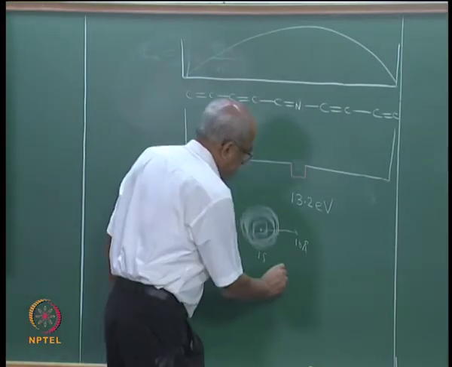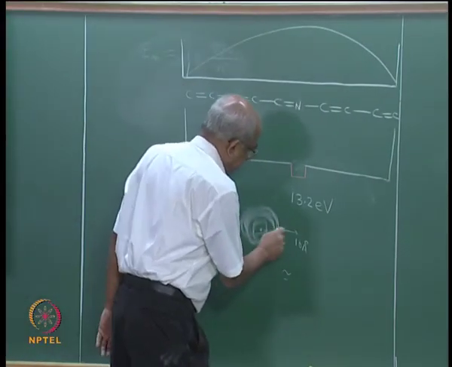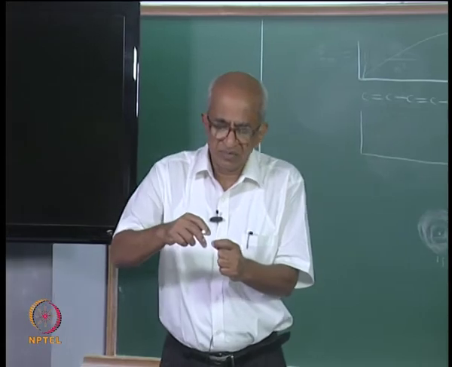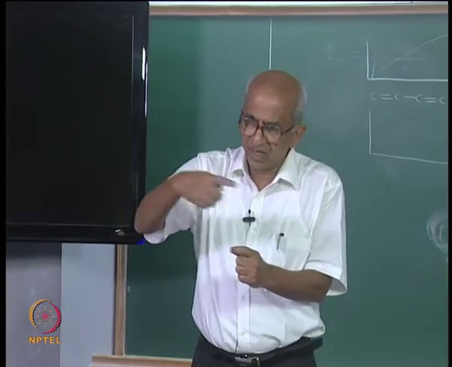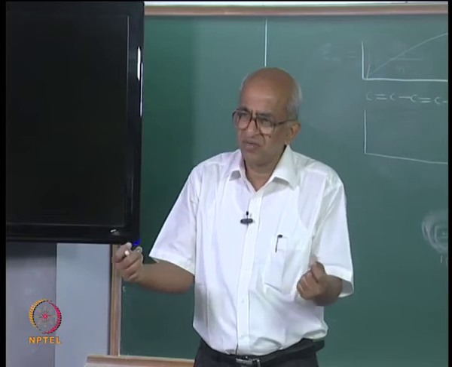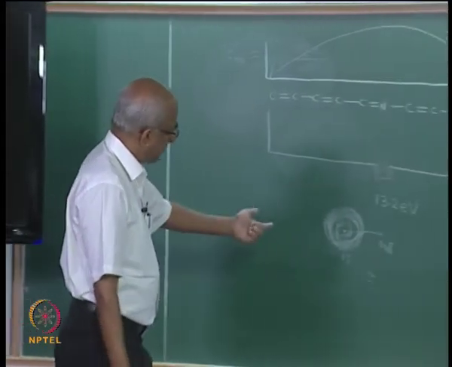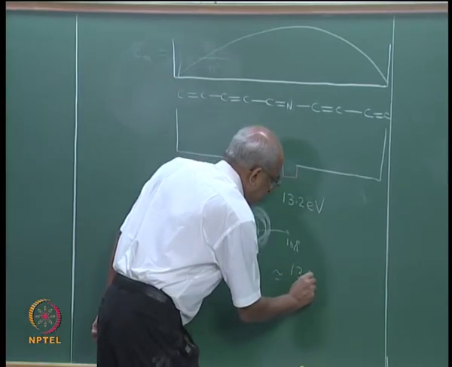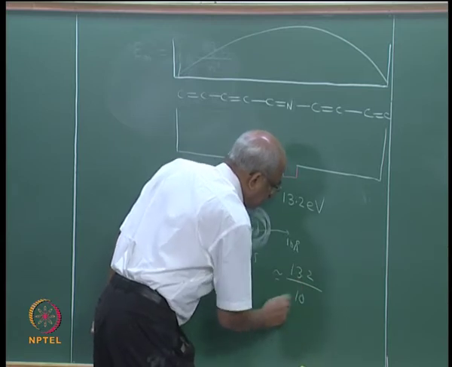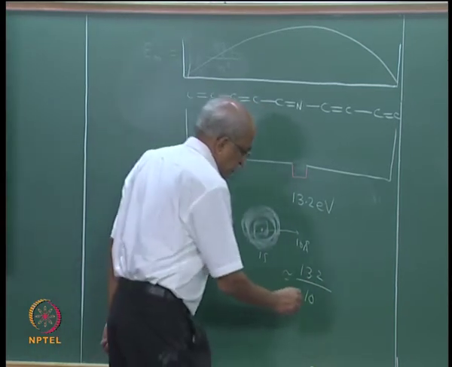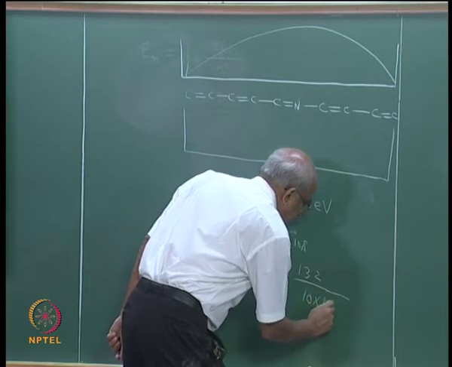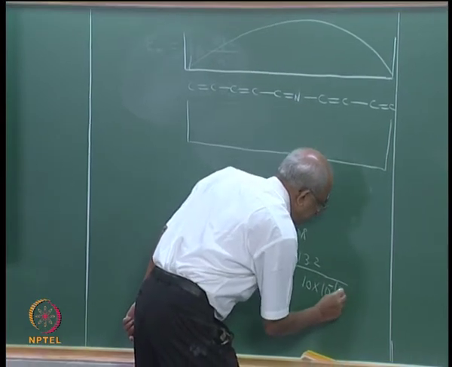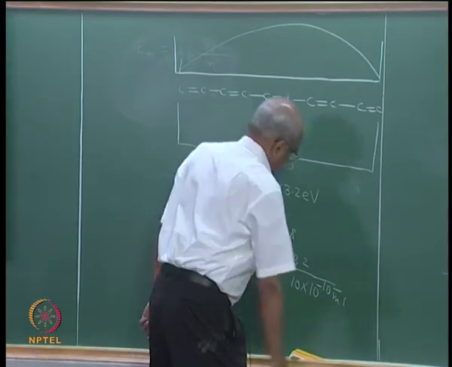This means that approximately speaking, you have an electric field that the electron is experiencing. You see, the proton is charged, and therefore anything around it will feel an electric field, and I want to know the magnitude of the electric field. So, from this information typically I can calculate the electric field. What I would find is that it will be something like 13.2 volts divided by 10 angstroms, which is 10 to the power of minus 9 meters, correct.